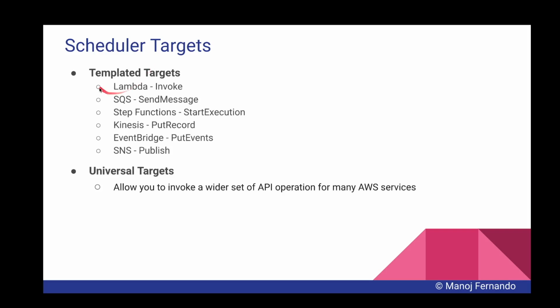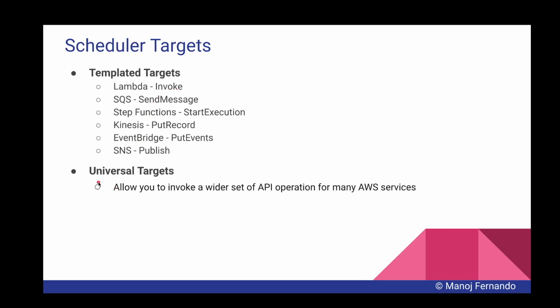So let's talk about scheduler targets. Here also we saw there are two types of targets, the templated targets and universal targets. In the AWS Console demo, we looked at how to set up a Lambda function as a target. In addition to that, you can use SQS queue, Step Functions, Kinesis, EventBridge, SNS, and a few other templated targets.